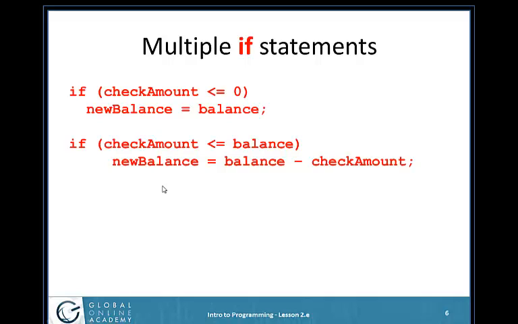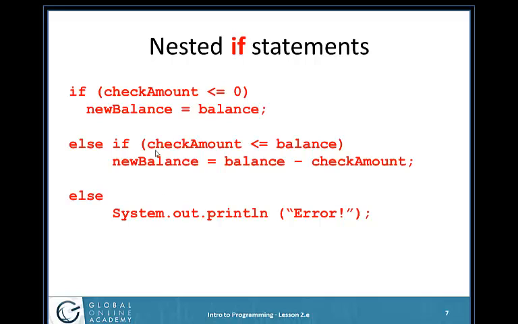Well, I can take care of this by, instead of just having two if statements in a row, nesting them. I'm going to do it this way. If the check amount is less than or equal to 0, I'll set new balance equal to balance. Else, meaning only if the check amount was not less than or equal to 0, I'll do another test.